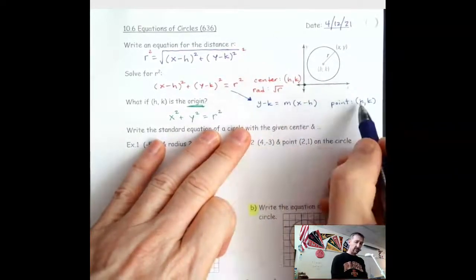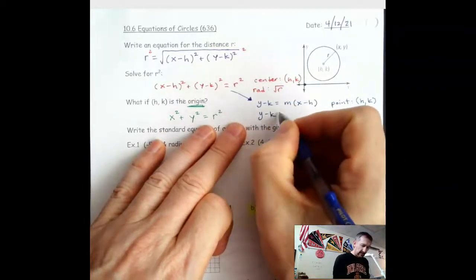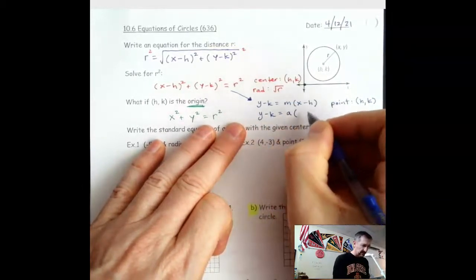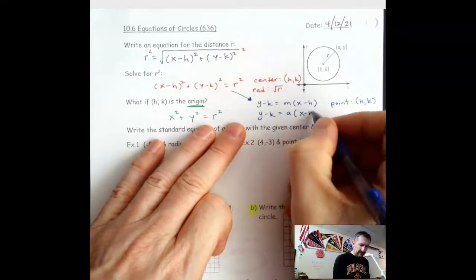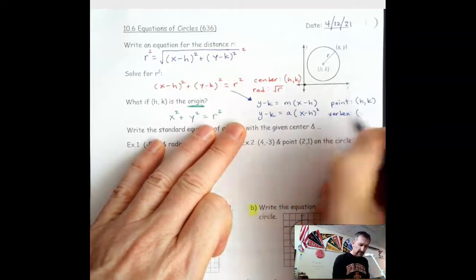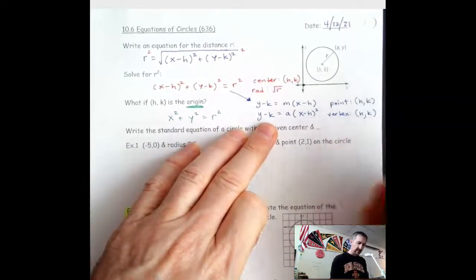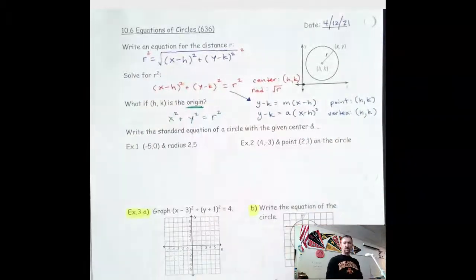And then we would put the slope on that. Or if we think about parabolas, we had y minus k equals a times x minus h squared, and our vertex was the opposite of this, which is h, and the opposite of this, which is k. So these things are related to each other.